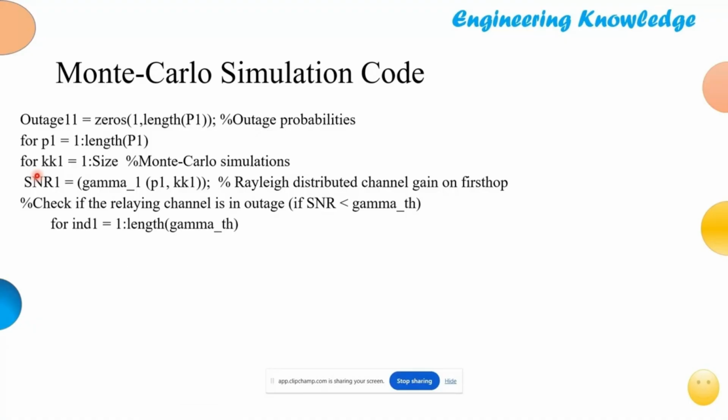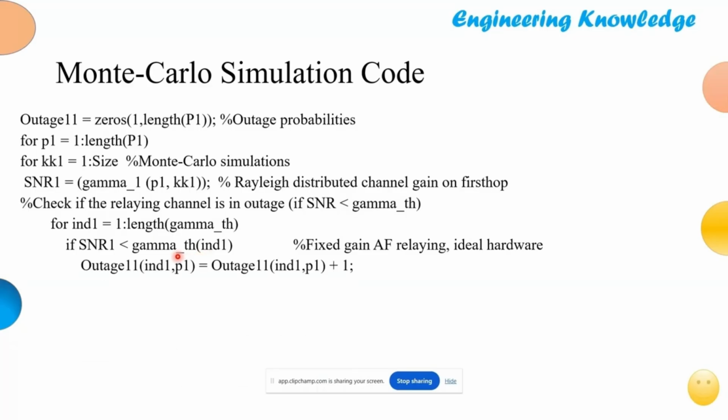We again use a small for loop for gamma_th. If there are multiple gamma_th, I can use this also. In our case, there is one gamma_th, and we check whether SNR1, which is the random variable corresponding to P1th and KK1th, is smaller than gamma_th of the index. The index in this case is not important.